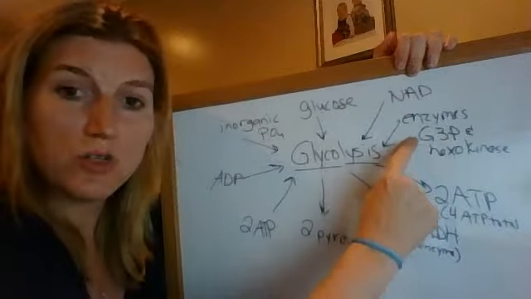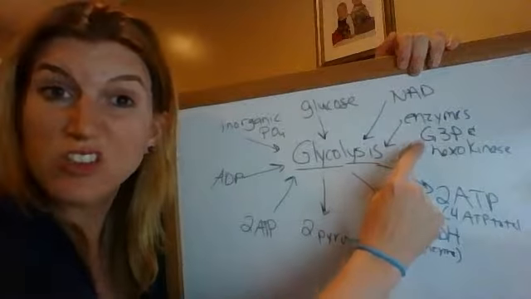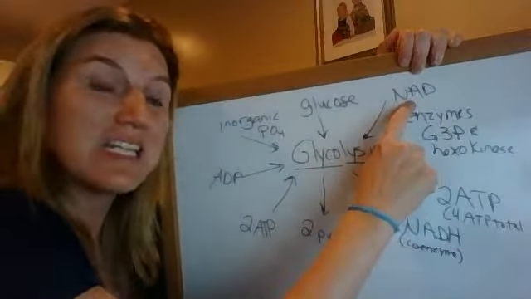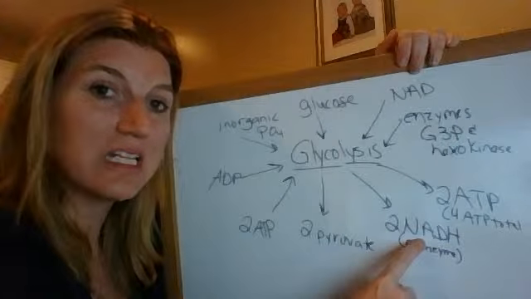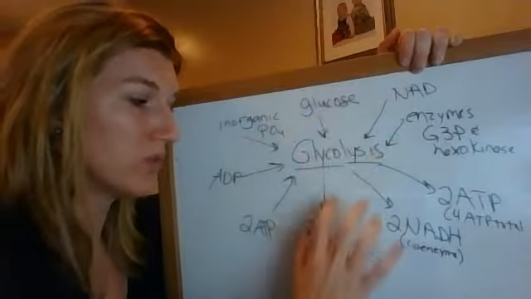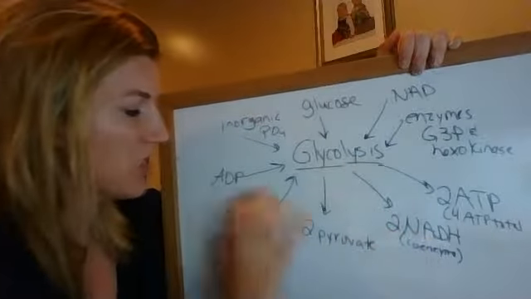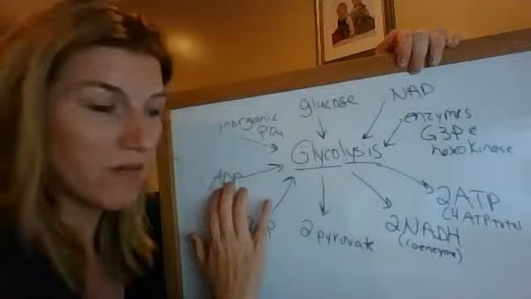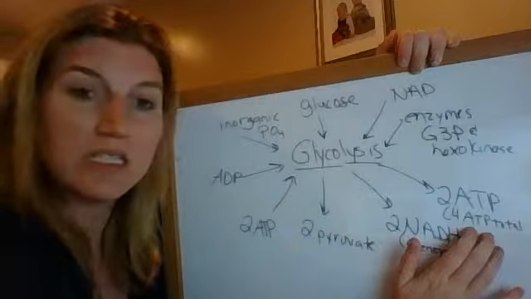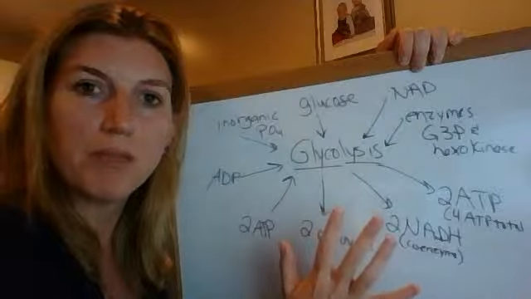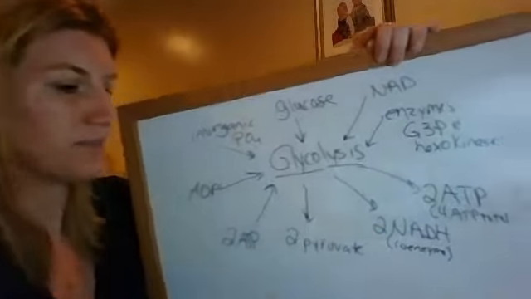The enzymes that do this, well, there's a bunch of enzymes, but these are the key players here, G3P and hexokinase, and we see that NAD is converted into NADH. So glucose is being converted into pyruvate, NAD is being converted into NADH, ADP is being converted into ATP, and here are our enzymes. These are the major players of glycolysis.